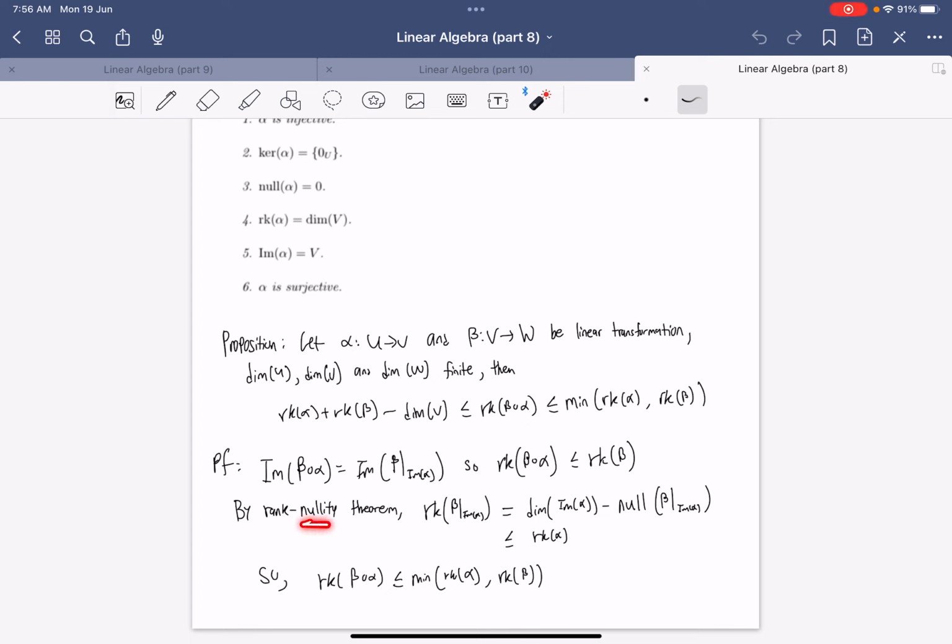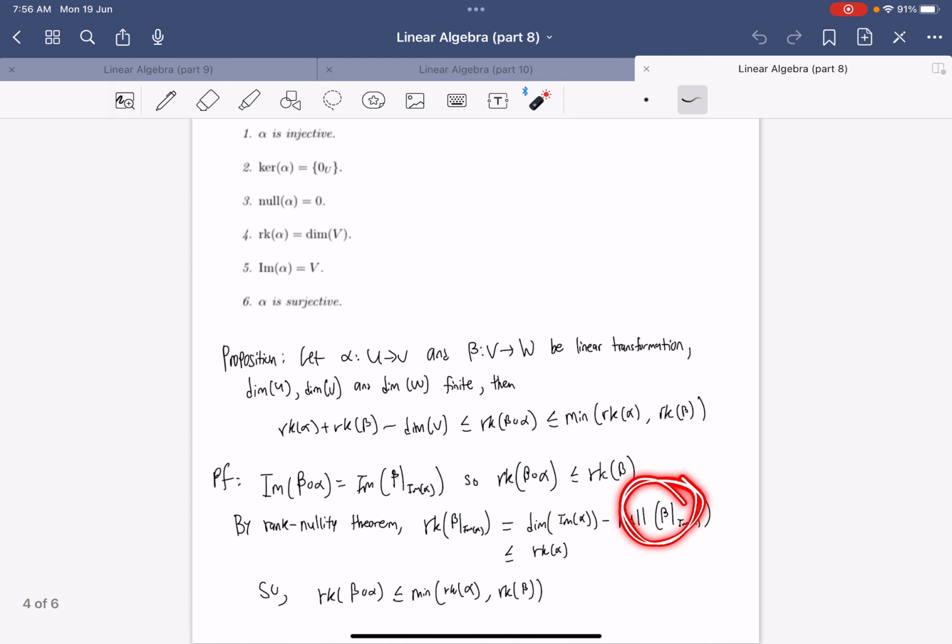And by the rank-nullity theorem, the rank of this function will be the dimension of the image of alpha minus the nullity, which then has to be less than or equal to the rank of alpha, since this is the rank of alpha minus some non-negative number. So this shows that the rank of beta composed with alpha is less than or equal to the minimum of these two.